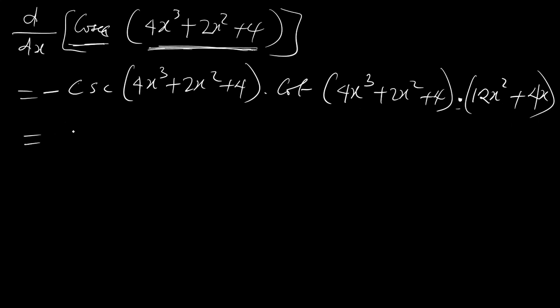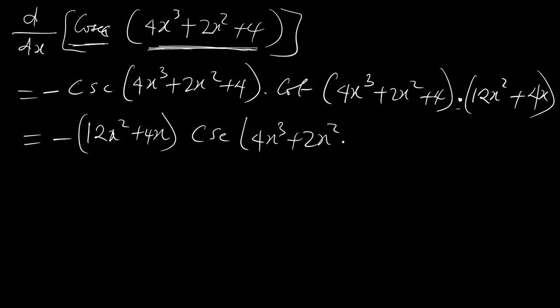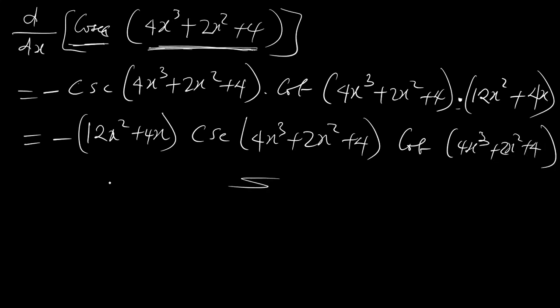So this will give you minus 12x squared plus 4x times cosec 4x cubed plus 2x squared plus 4 cot 4x cubed plus 2x squared plus 4. So this is the final answer.